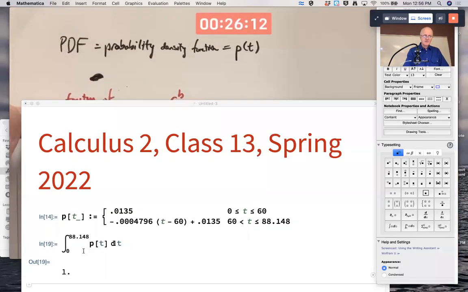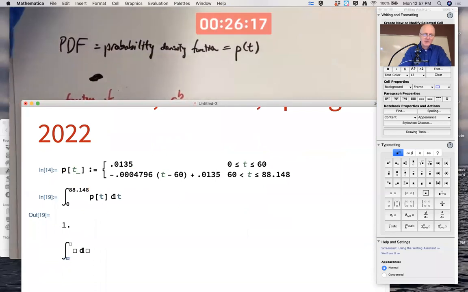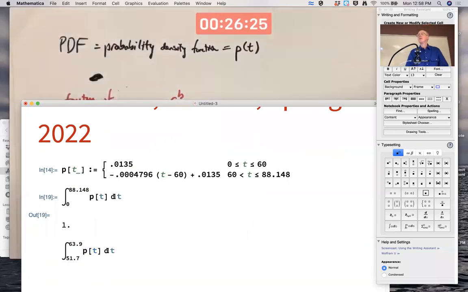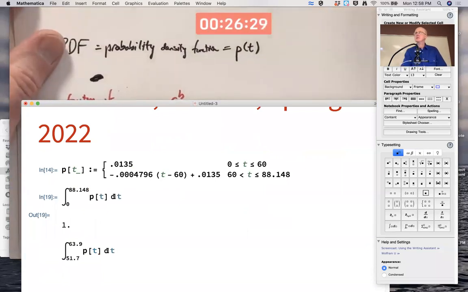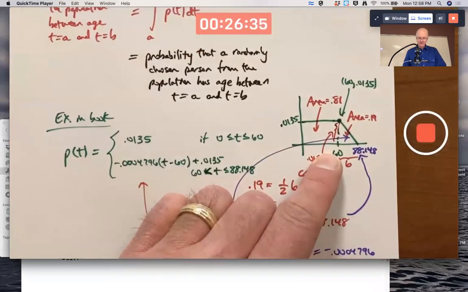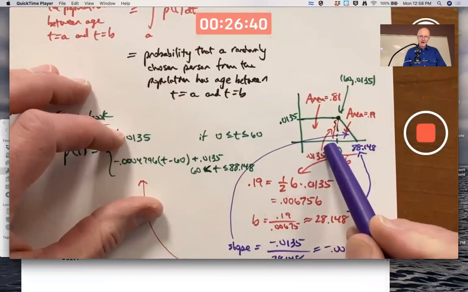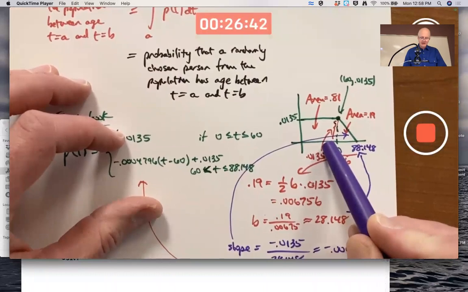For example, what if A is 51.7 and B is 63.9? What percentage of the population is between those ages? It's going to be the area under this graph between 51.7, which would be right around there, and 63.9, which is to the right of 60.